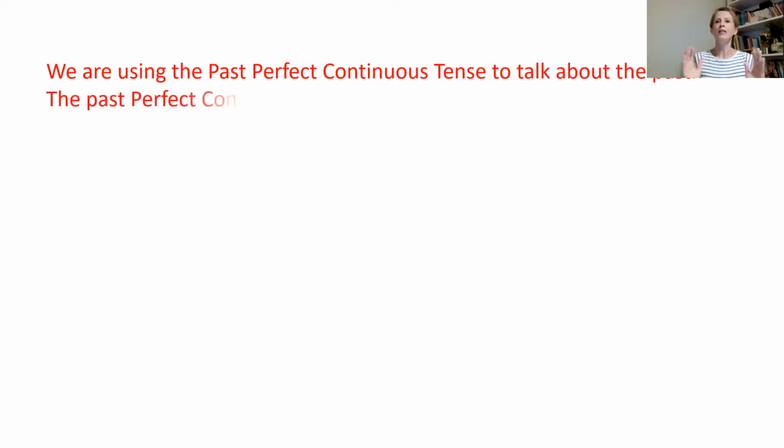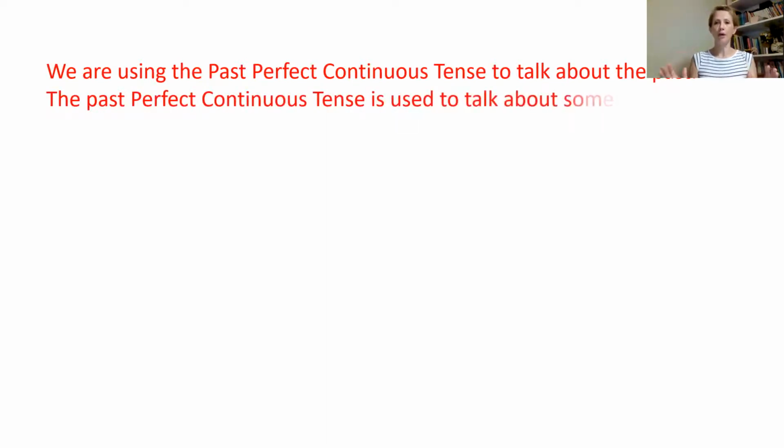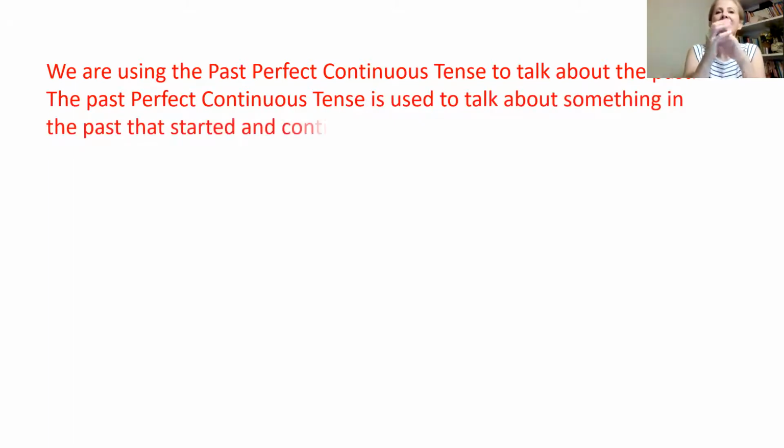We are using the past perfect continuous tense to talk about the past. The past perfect continuous tense is used to talk about something in the past that started and continued in the past. Okay, it's a little bit slow.